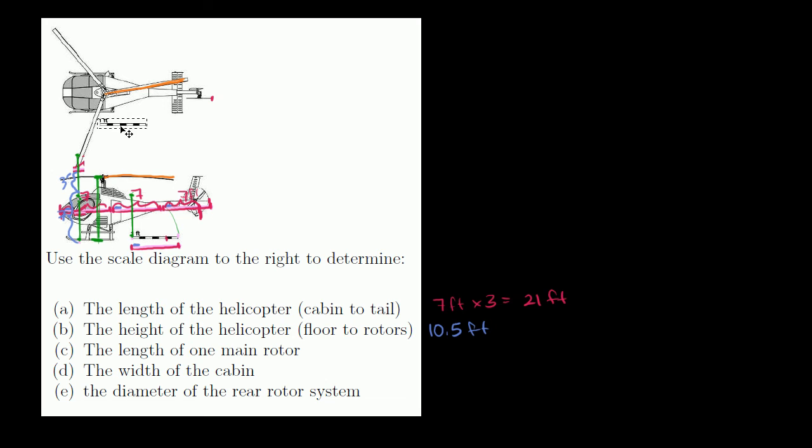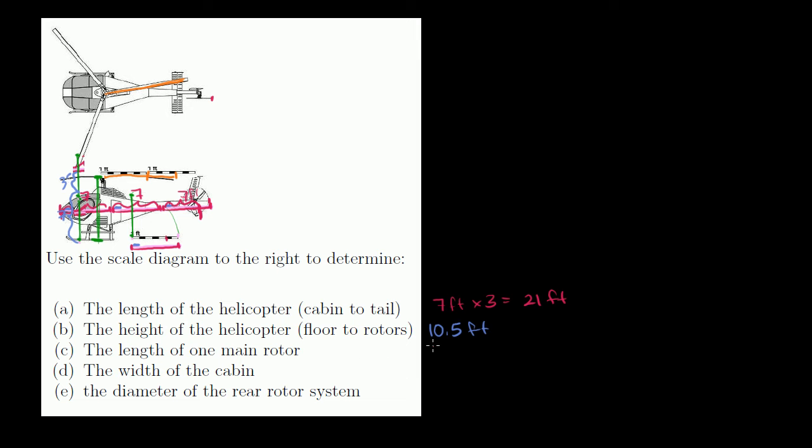So that's one length. So we want one rear rotor. That's 7 feet right there, 7 feet right there. And then we could do another one. The important thing is to get the idea of it. You don't have to get the exact measurement. We're not about to go out there and build a helicopter. So what is this length? We have 7 feet, and then we have 1, 2, 3, about another 4 feet.